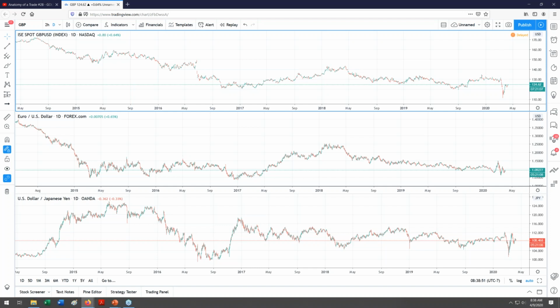Now, it hasn't been continual in that direction, but we entered sort of a trading range, looks like from 2017 to the present, coming out of a downtrend. So that's kind of my initial observation.